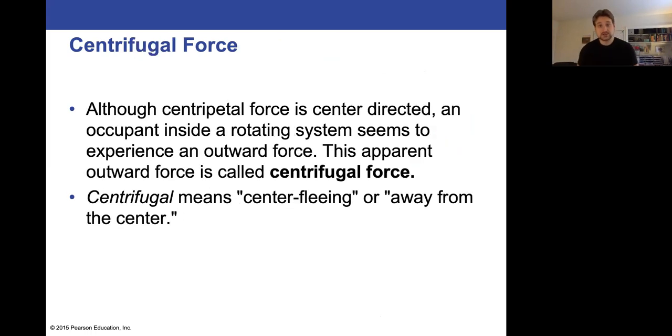Which can feel, as you know, right? If you take a turn in a car a little bit too fast, you feel pulled to the outside of the turn. That feeling we call centrifugal force, which means going away from the center.